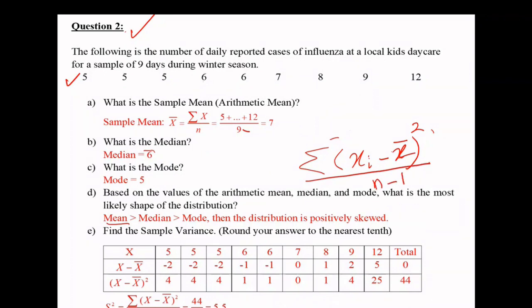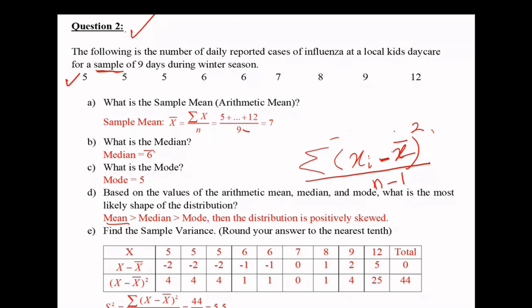Of course, n minus 1 if it is a sample, and divide by n if it is a population. This is a sample, because it is given as a sample. So I need the sum of xi minus x bar all squared, divided by n minus 1.